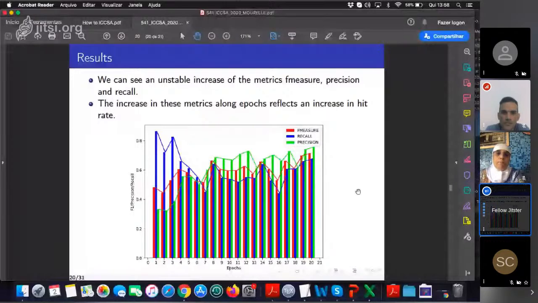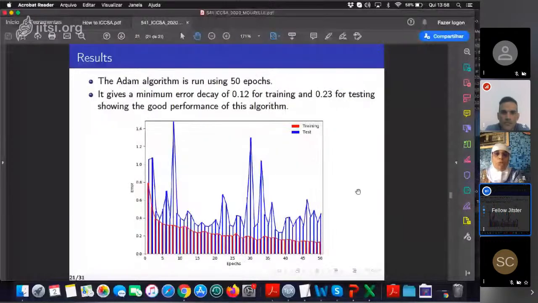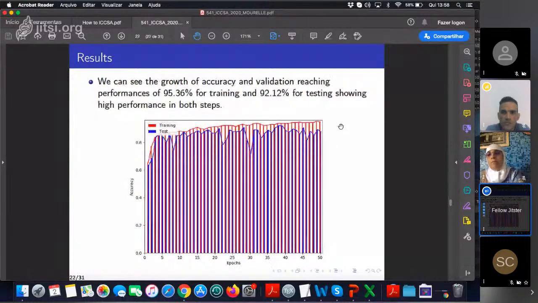Here we have the Adam algorithm running with 50 epochs. It gives a minimum decay error of about 0.12 for training and 0.23 for testing, showing good performance of this algorithm. We have here also the growth of accuracy and validation, reaching a performance of almost 95% for training and 92% for testing.